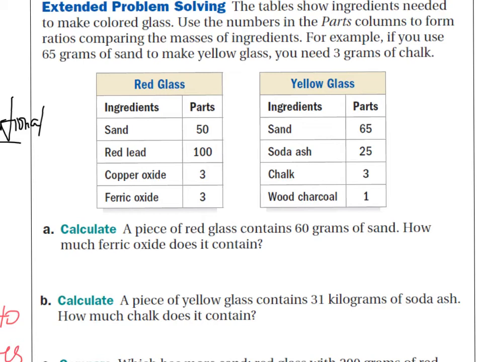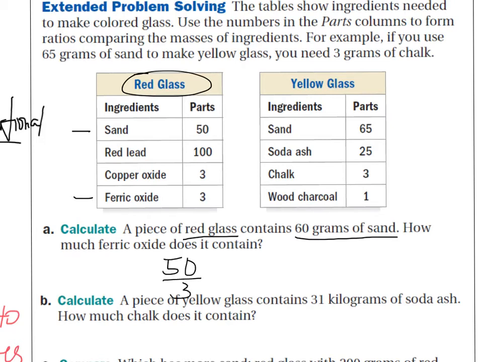So that's what it means. Okay, so part A. A piece of red glass, so we need to look at this chart, contains 60 grams of sand. How much ferric oxide does it contain? So I know the proportion between sand and ferric oxide is 50 to 3.